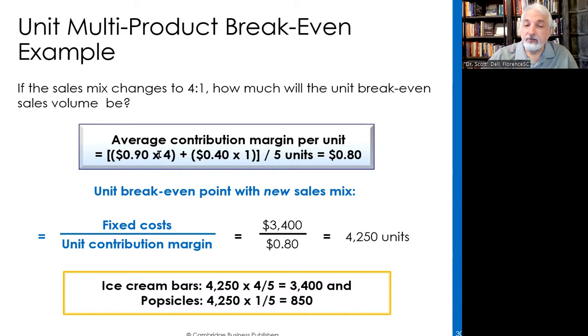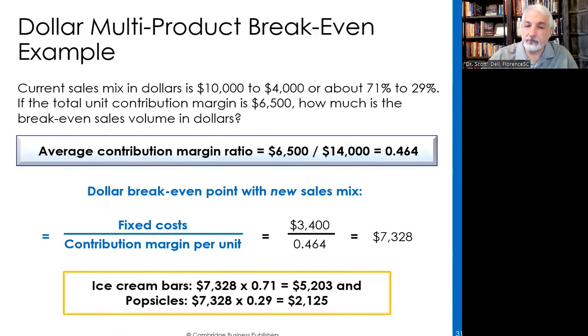No longer 50-50, but we have 4 of the ice cream bars to 1 of the popsicles. Then we have 80% ice cream bars and 20% popsicles. So we have a different unit mix associated with that, because they're very rarely going to be equal, but we want to understand how that flows.